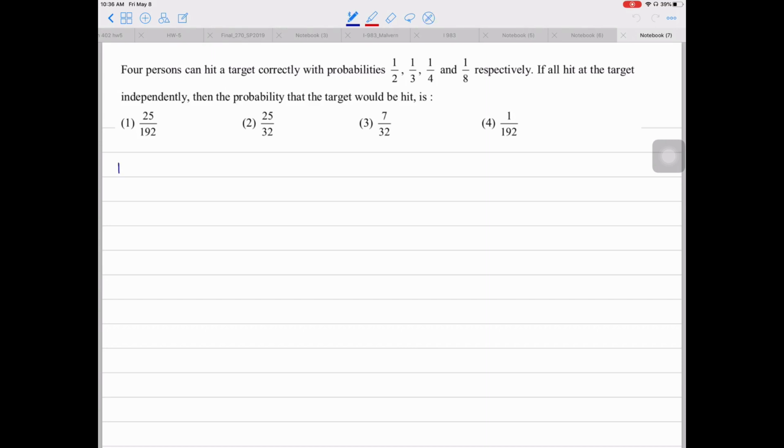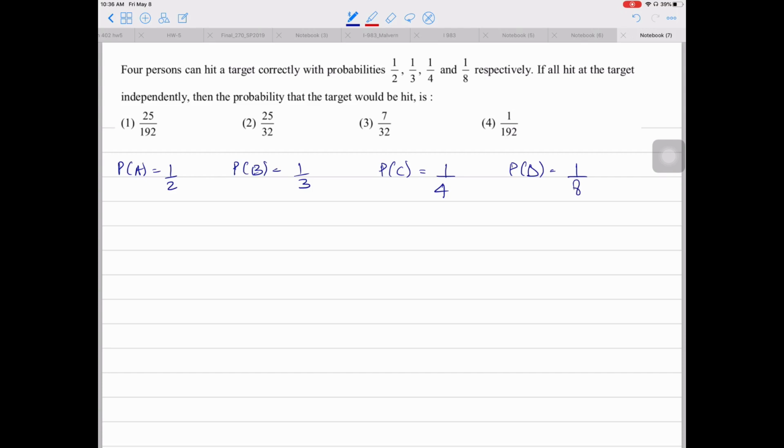So we know that the probability that person A hits is 1/2, probability that person B hits is 1/3, probability that person C hits is 1/4, and the probability that person D hits is 1/8.